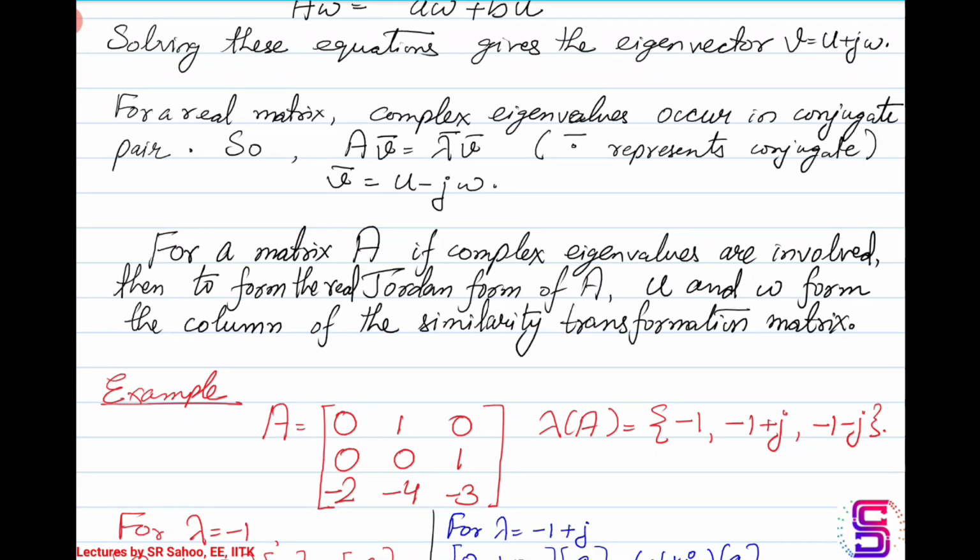Now for a matrix A, if complex eigenvalues are involved, to form the real Jordan form of A, the U and the W together form two columns of the similarity transform matrix.